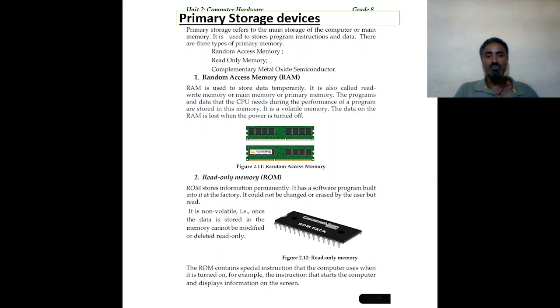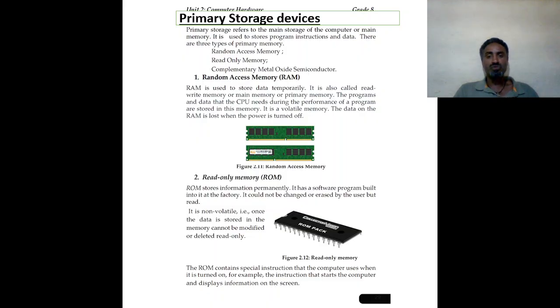The data on the RAM is lost when the power is turned off. That is why we have to save always, every so often. If the light is gone suddenly in desktop types of computers, the file that is on the way of being created may be lost. We have to move it into the secondary storage device.